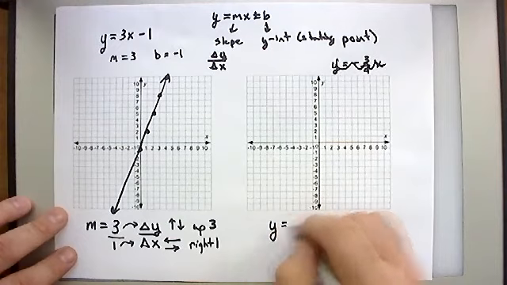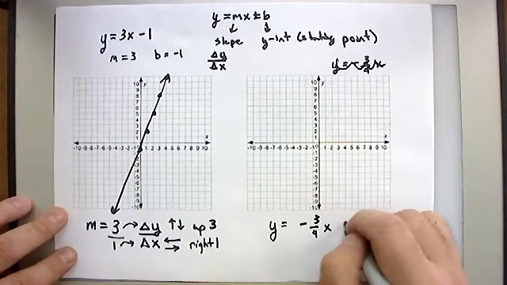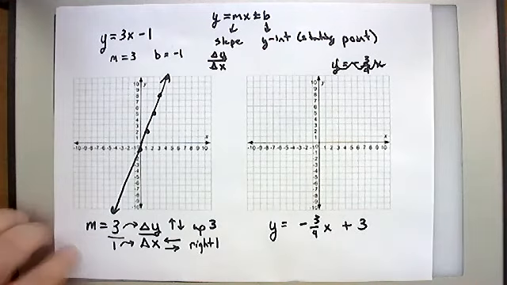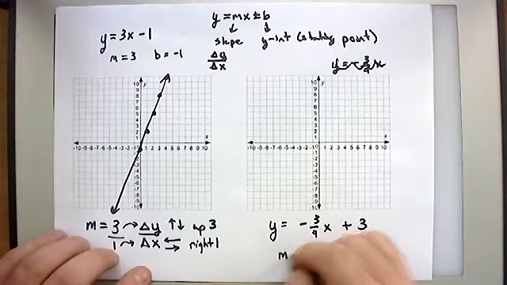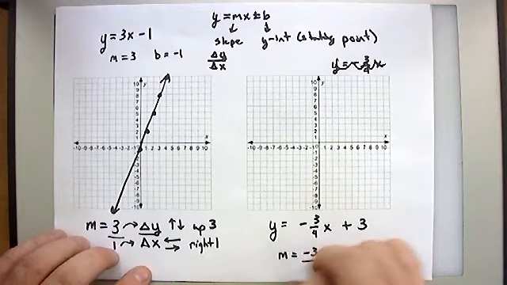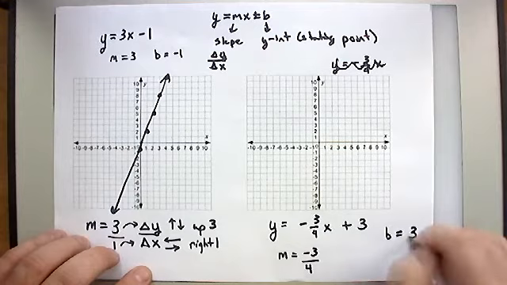Y equals negative 3/4 x plus 3. Okay. Now notice I've got the negative in the top. We'll talk about that in a minute. But for now, just to keep it from getting too crazy, we'll leave it there. So our m is negative 3/4. And our b is 3.